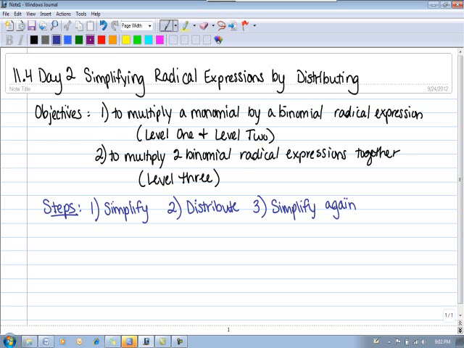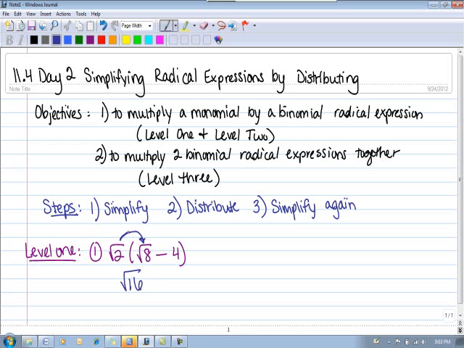Let's do radical 2 times radical 8 minus 4. Just like we were doing with distributing before, we're going to distribute that radical 2 by multiplying it by each of those terms. So radical 2 times radical 8 is radical 16.